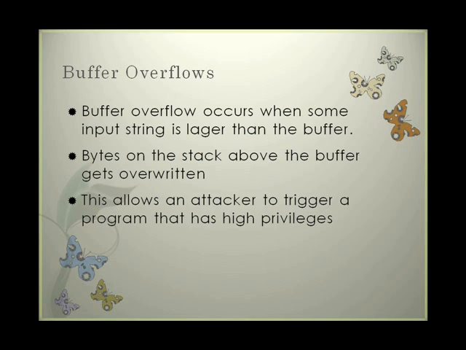The other problem we have is the buffer overflow. Buffer overflow occurs when some input string is larger than the target buffer that we allocated for it. What happens here is bytes on the stack above the buffer get overwritten. This gives an advantage to an attacker to trigger a program that has high privileges.